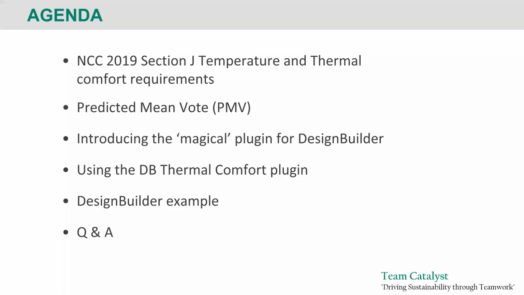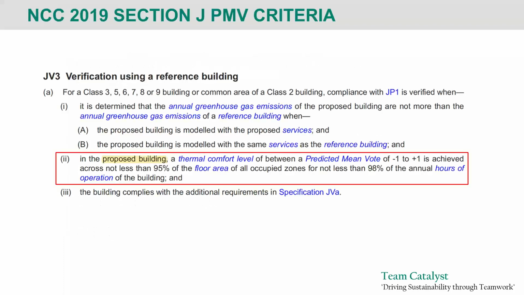So if we start by looking at the criteria in the new Section J, let's have a look at that. Obviously, you're going to use DesignBuilder if you're going to use the verification method. You probably wouldn't want to use it if you were going to use the DTS method and so on. So when you use a verification method, the most popular one is JV3, which is verification using a reference building.